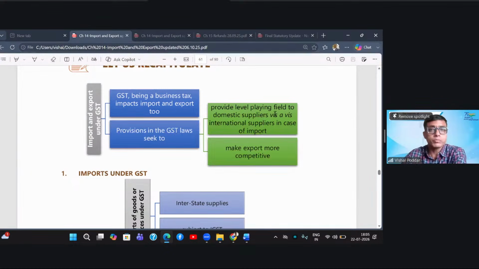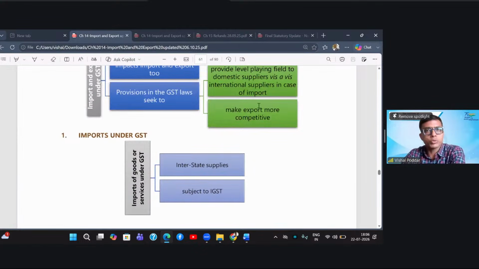Now, if there is no GST component on this import, then the problem would be that local goods may become costly as compared to international goods, because international goods will have no bearing of local taxes, whereas whatever you procure locally will bear the burden of local taxes, that is GST. So in this particular case, the lawmaker in their correct wisdom, have even curated international transactions in the GST law.